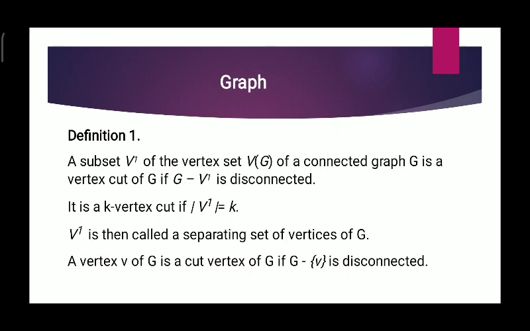Suppose the number of vertices in the subset V dash is K, then it is called a K vertex cut, or you can say that the connectivity of G is K, or G has K connectivity. Here V dash is also known as the separating set of vertices of G. A vertex V of G is a cut vertex of G if G minus V is disconnected.